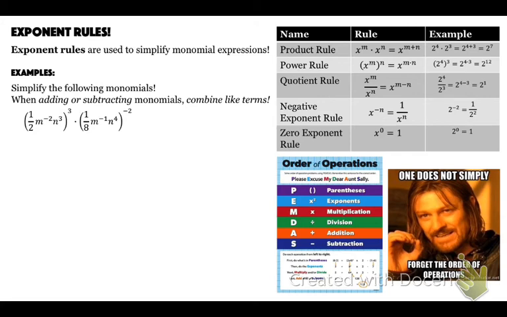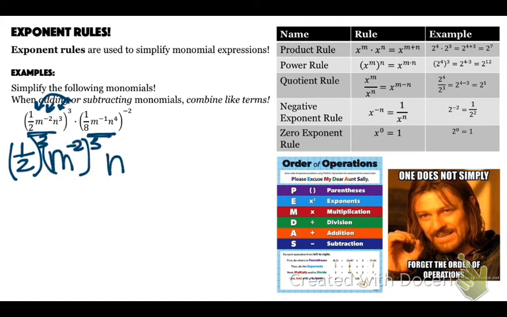Cool. Okay, this one looks a little tricky. Let's see what we can do to fix this. So there's nothing inside of these that is really going to simplify. So let's move these exponents in. And I'm just going to do the left side first, then I'll move to the right. So we have 1/2 cubed, then m to the negative 2nd to the 3rd, and then n cubed cubed.